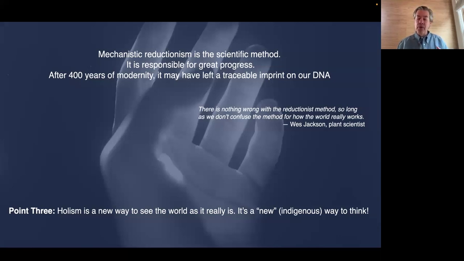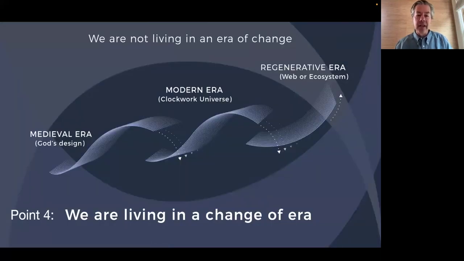So we're having to understand the great advances of the scientific method and the reductionist method, but also not lose track of a bigger holistic way of seeing the world, more of a right brain way of seeing the world than the left brain that now dominates our thinking.